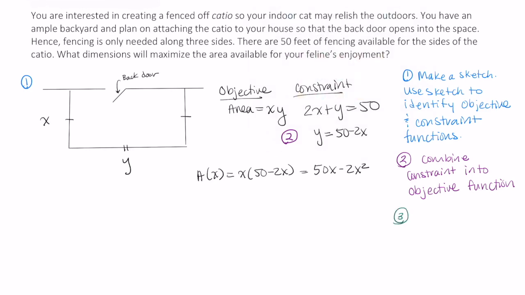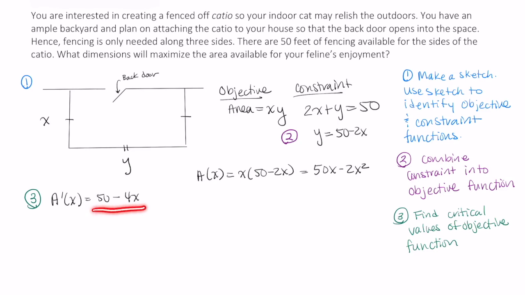Next, for step 3, let's go ahead and find the critical values of the new objective function. We find the critical values by first finding the derivative of our new objective function, and that is equal to 50 minus 4x. And when this function equals 0, we know we have a critical value. This function only equals 0 when 4x is equal to 50, or equivalently, x is equal to 12.5.